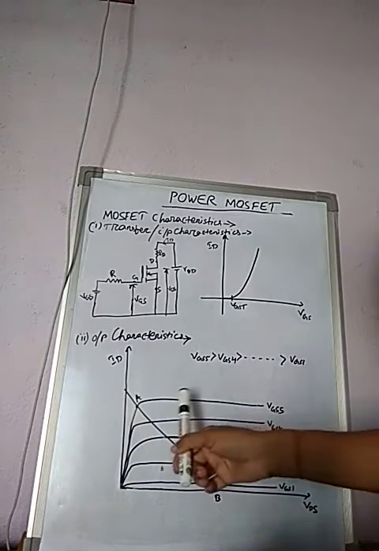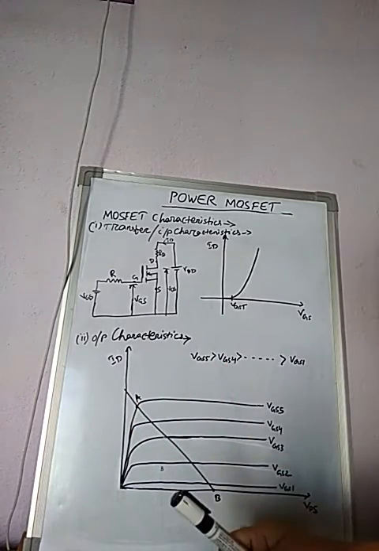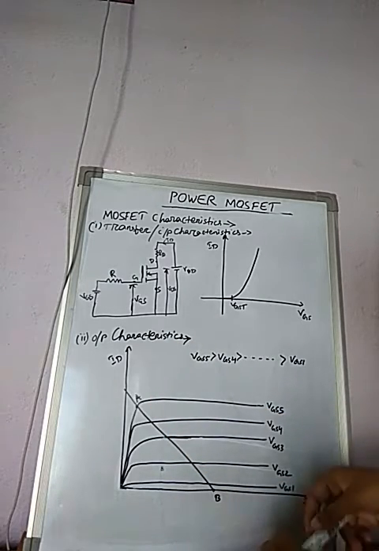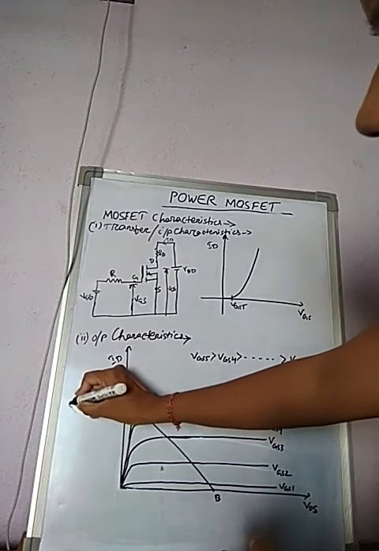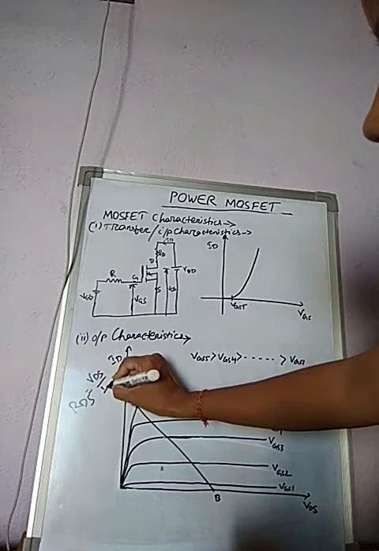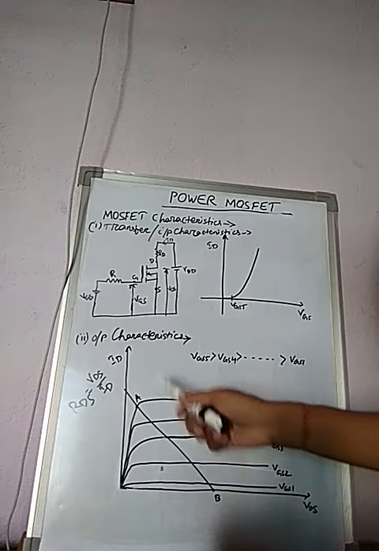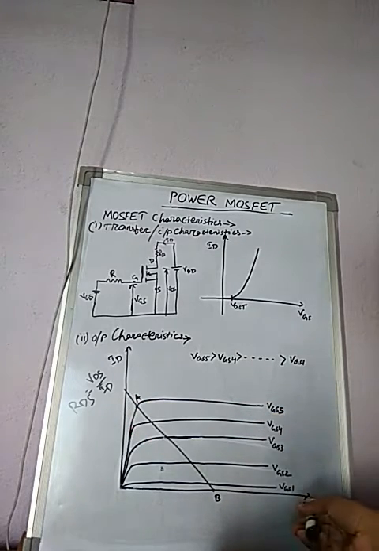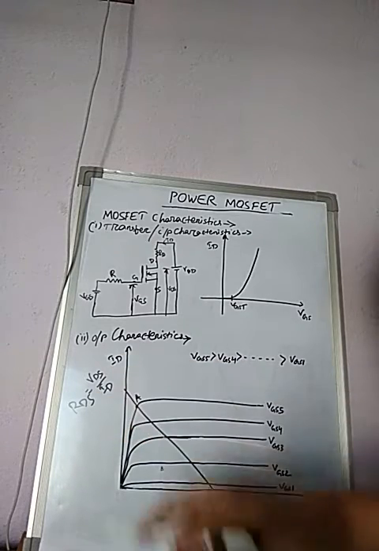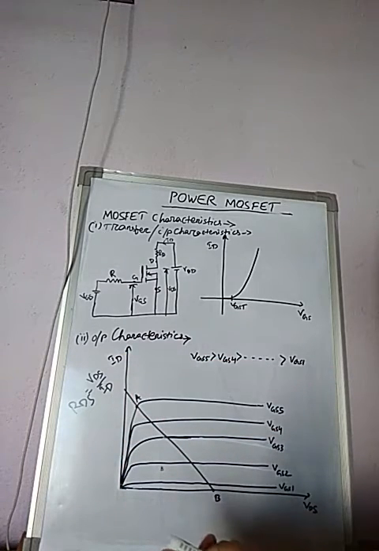So this indicates a constant value of on state resistance, that is RDS is equal to VDS by ID. Okay, so when the ID and VDS graph varies linearly, then there is a constant on state resistance value, that is VDS by ID.